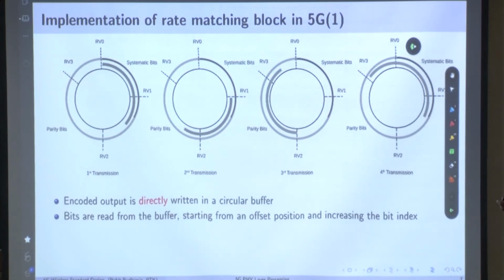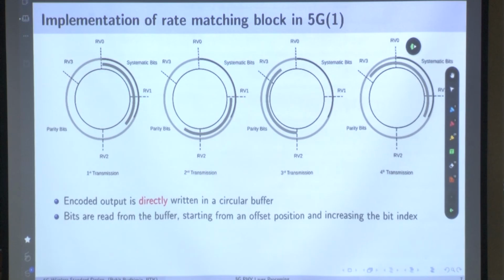So what happens here is, let us say it is the first fresh transmission, and we are transmitting RV0, redundancy version 0. You start reading from the beginning of the buffer. And how many bits are you going to read?